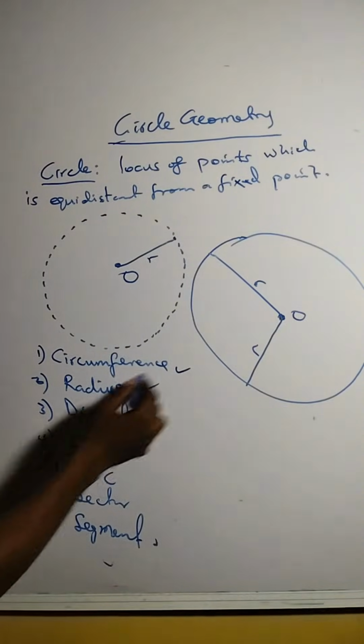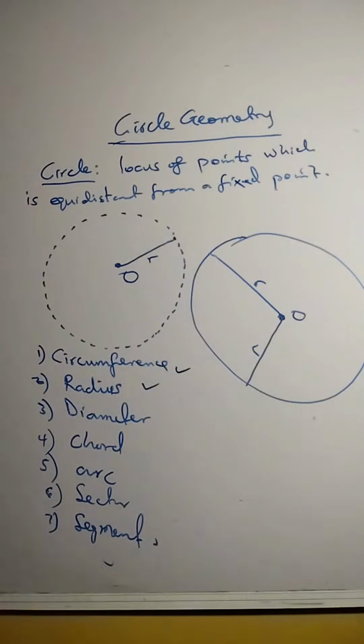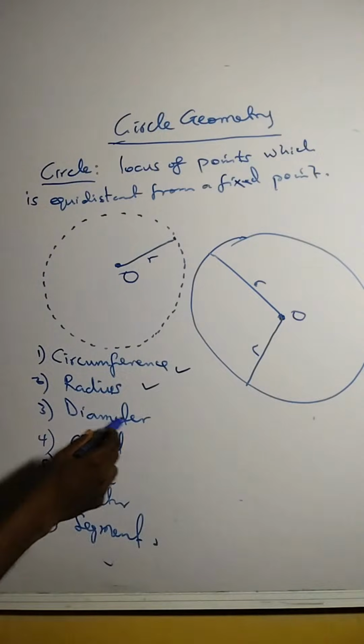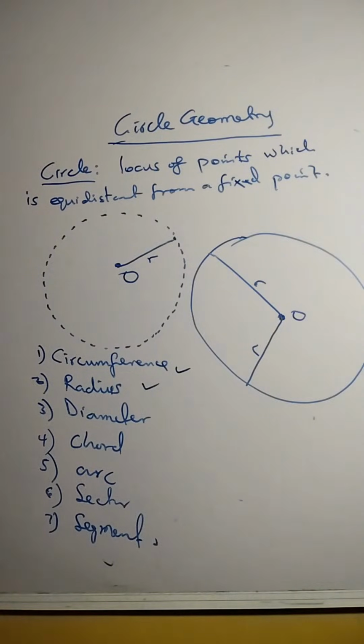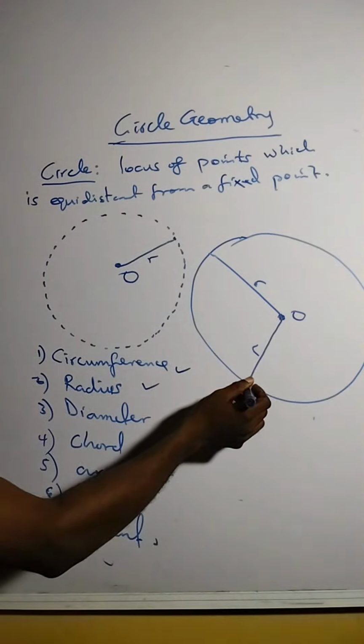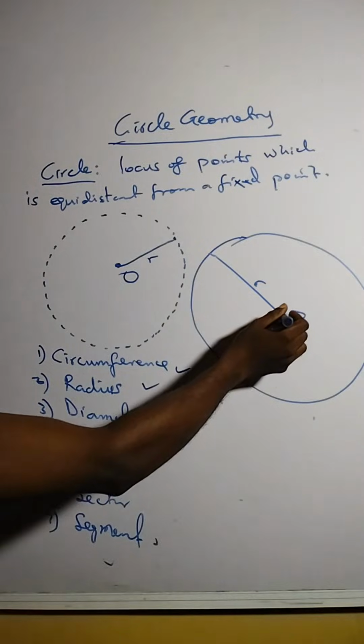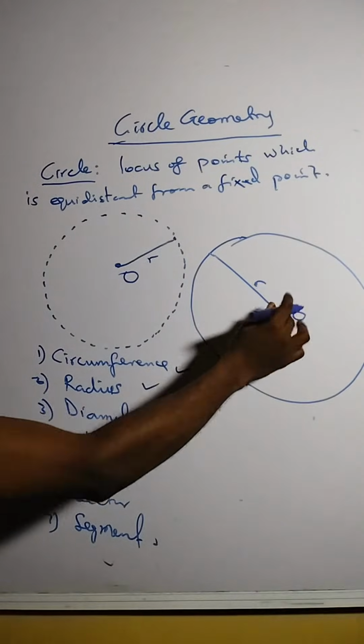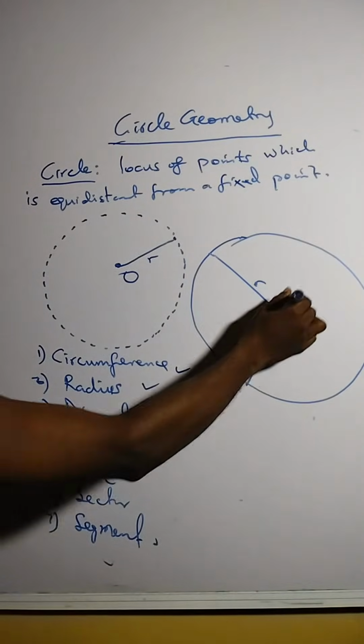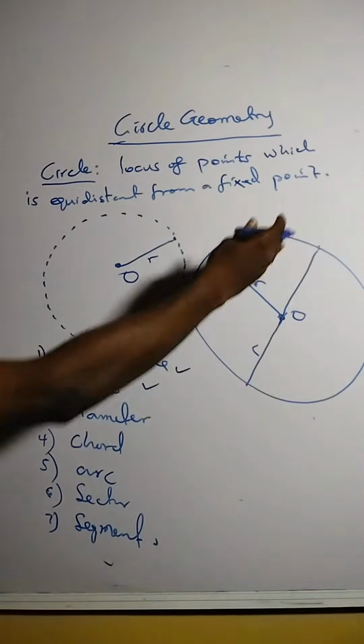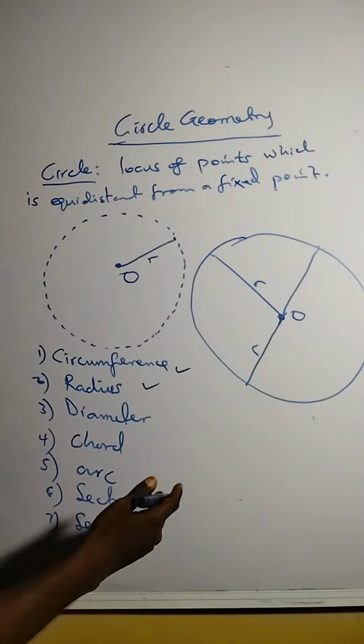Then, what is a diameter? A diameter is a line that passes through the center of a circle and touches the circumference at both sides. So we draw a line that passes through the center of a circle, touching the circumference at both sides. If we extend this to the other side, this line drawn is now a diameter.